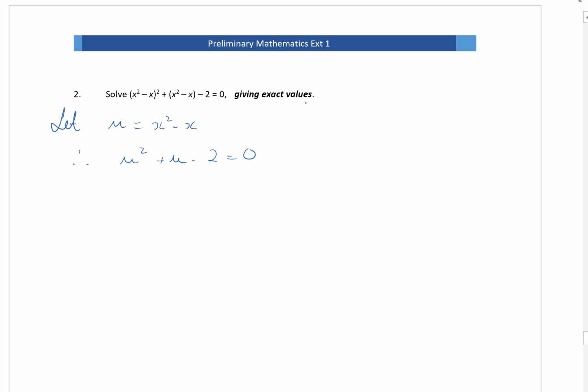There's just one thing that I also want to point out, and it's important not to overlook. The instruction has been to solve this giving exact values. What comes to mind with exact values? Hopefully, a surd.